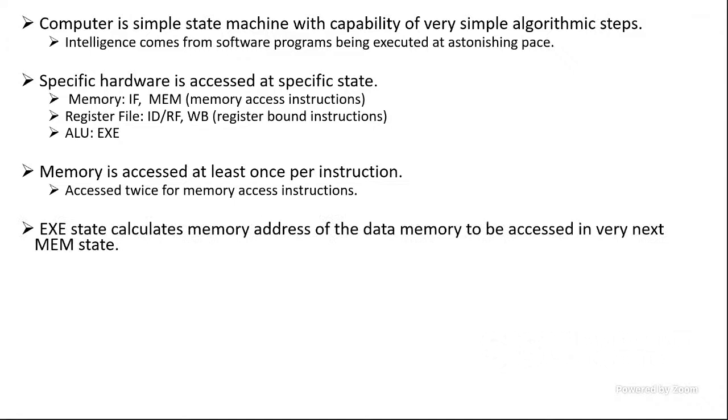Next, the EXE state calculates the memory address of the data memory to be accessed in the very next memory state. So the MEM state accesses the data memory. Down the line, you will see we conceptually separate the memory system into multiple parts for multiple different purposes. One part is assigned to store the program execution code, the machine code.